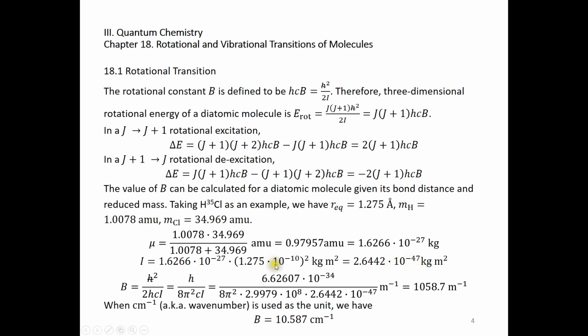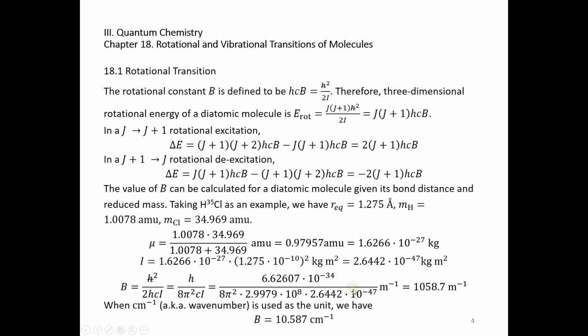Now B is h bar squared over 2hcI. This comes from the definition of the rotational constant B. B is defined this way: hcB is h bar squared over 2I, and therefore B is h bar squared over 2hcI. We have the expression of B over here because h bar is h over 2 pi.